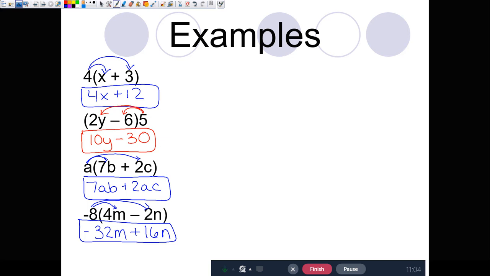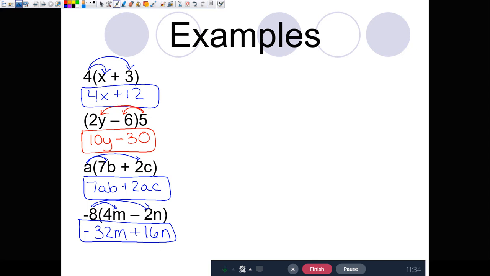Oh, if it was 2, then you multiply the numbers up front. 2 times 7, which would be 14. And then 2 times 2, which would be 4, and then it would still have the same variables, ab, ac. Does that make sense? When you have a variable and a number, you multiply the constants, and then you also multiply the variables. Okay?